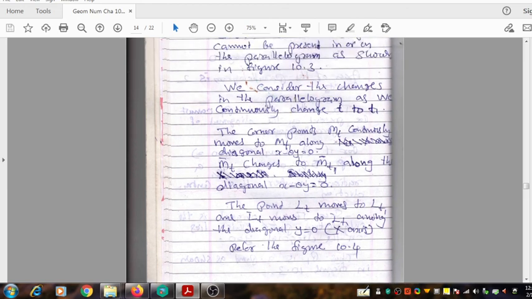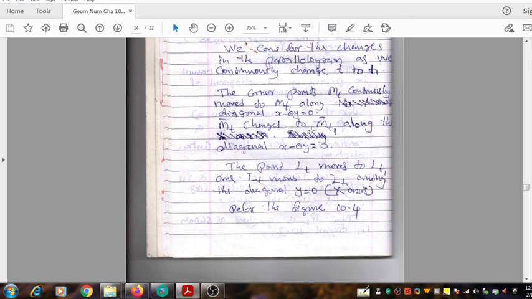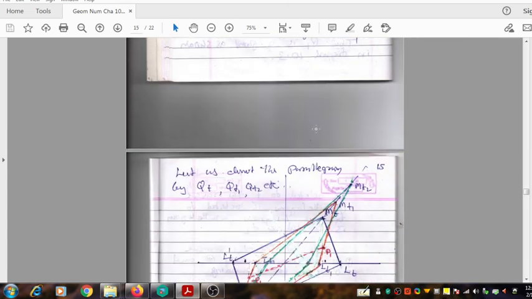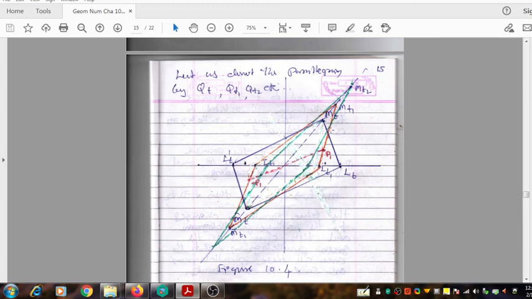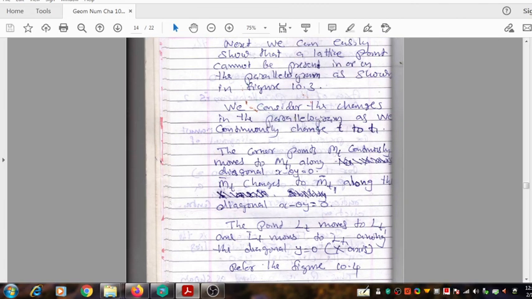the corner points, the corner point of the parallelogram, continuously move. We want to refer to that figure, which is given here, and we can explain it using that figure. But before that, let's see what's explained here.